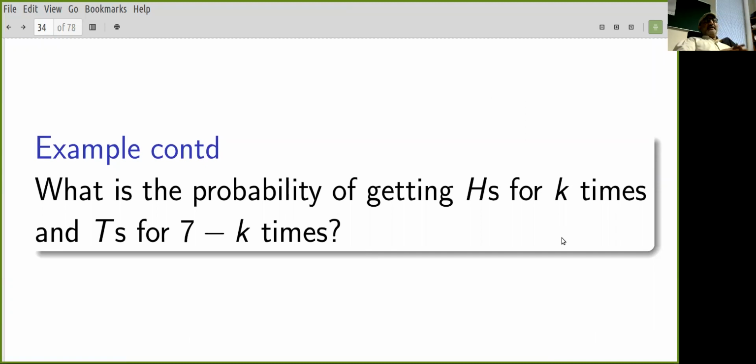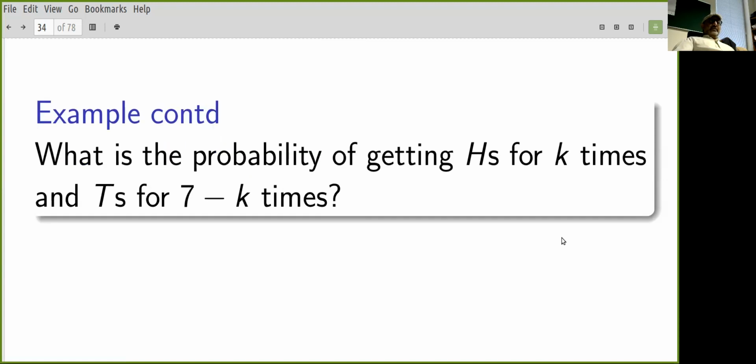Okay, now let's generalize this a little bit. We could have 0 H's, 1 H, 2 H's, 3 H's, 4 H's, 5 H's, 6 H's, and 7 H's. So let's say we're going to get k H's and 7 minus k T's, where k can be any integer between 0 and 7.